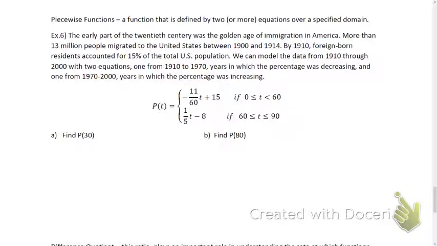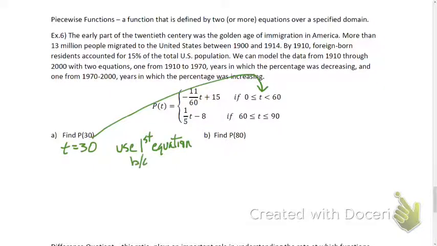On part A, by them writing that, they're really saying let t equal 30, which 30 is between those two numbers, right? So I want to use the first function. So maybe make that note to yourself if you need to. Use first equation because 30 is between 0 and 60.